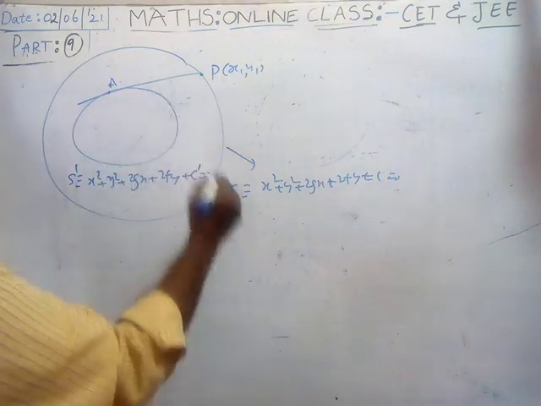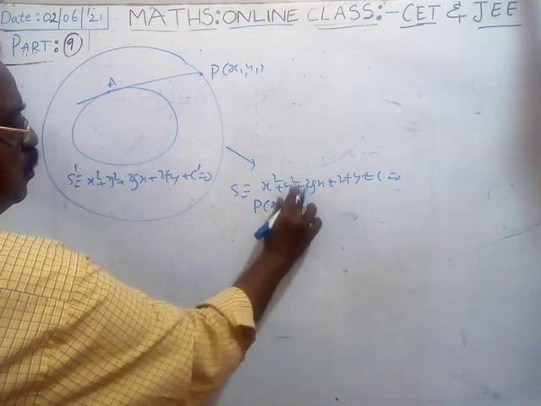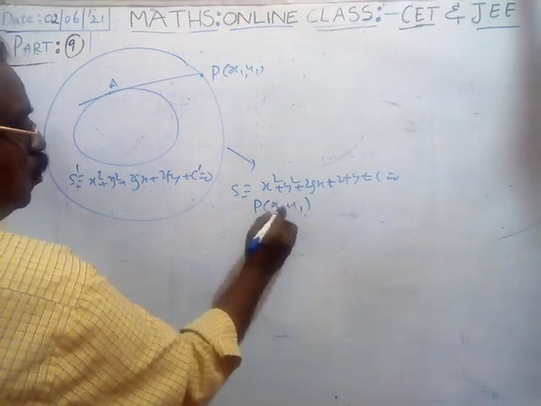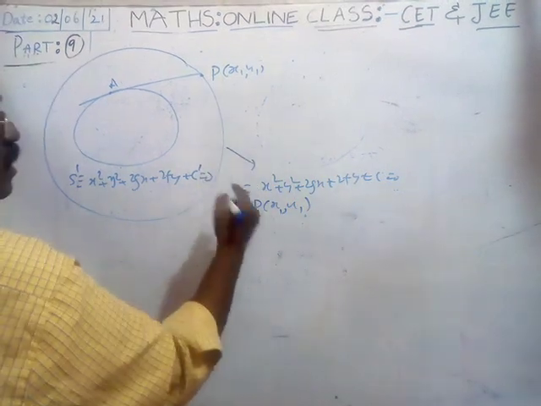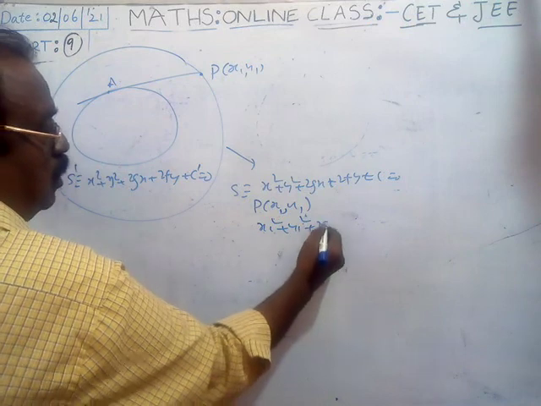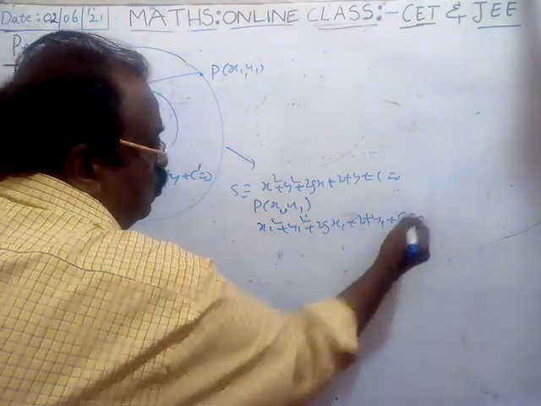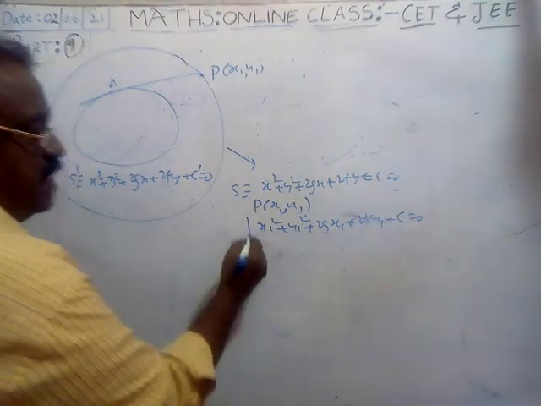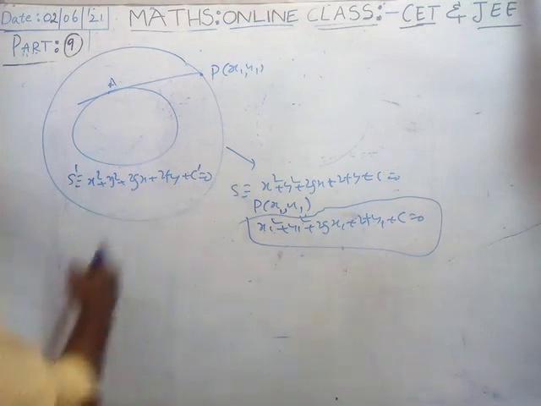Since P lies on the first circle, the condition is x1 square plus y1 square plus 2gx1 plus 2fy1 plus c is equal to 0.